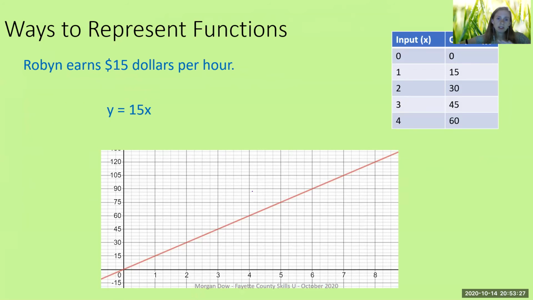So we've seen a verbal description of this relationship between hours and earnings, with words. We've seen an algebraic representation, an equation representation, but we can also have a graphical representation and a numerical representation.